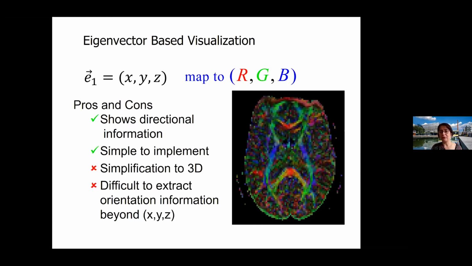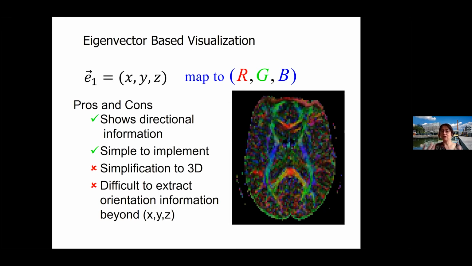Another common way to visualize the data is using the main eigenvector. And this is very popular in the medical world, in which you basically take the coordinates of your main diffusion vector, this eigenvector that has larger diffusion, so it gives an indication of the fibers, and you make a direct mapping to RGB.